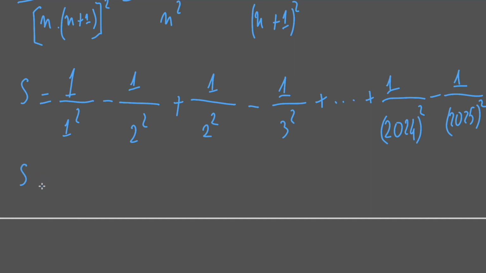Then the final answer would be 1 minus 1 over 2025 square. So this is the final answer of this problem.